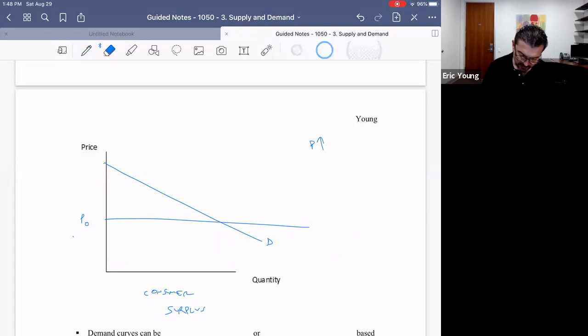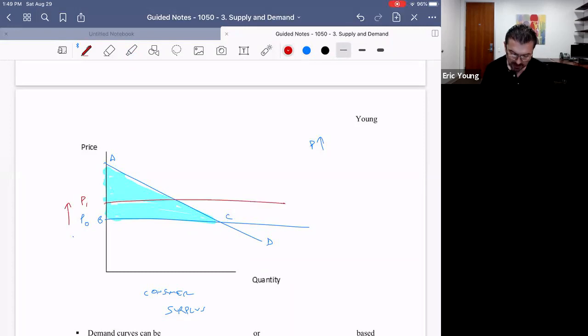And we're going to have here a very fancy economics demonstration of highlighter. And here you go, consumer surplus. And we're going to call this surplus area triangle A, B, C. Now let's suppose that prices go up to P1. Prices have gone up. And there you go.